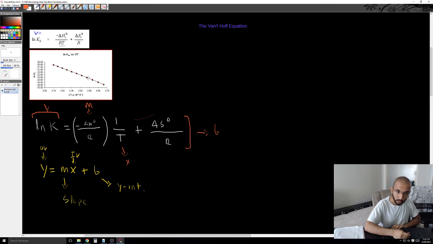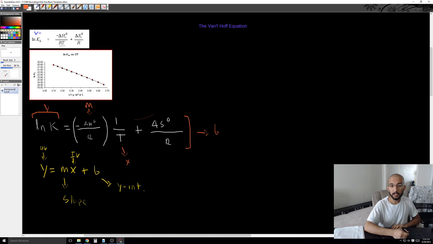So indeed, we're looking at a linear equation, and because R is a constant, we can determine what delta H and delta S standard are. We can also use 1 over T and zoom in and find out what ln K is at a certain temperature. So it has a lot of uses.